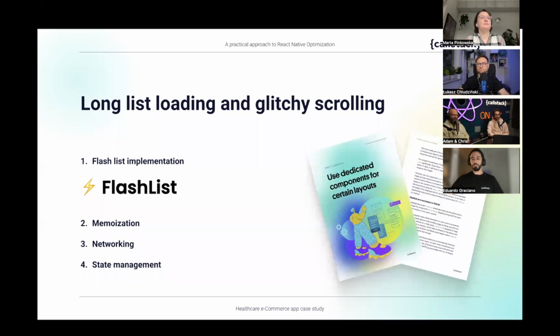Łukasz, can we see another slide? No, actually, when I look at this slide, I have a flashback to something that I read recently, which is the Ultimate Guide to React Native Optimization. And those sections are the exact translation of something that you can read there: how to handle your list, how to handle your networking, how to handle your state management.